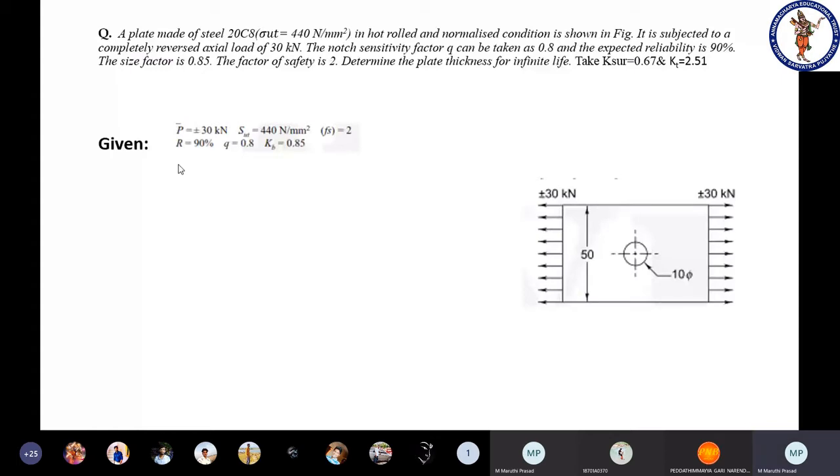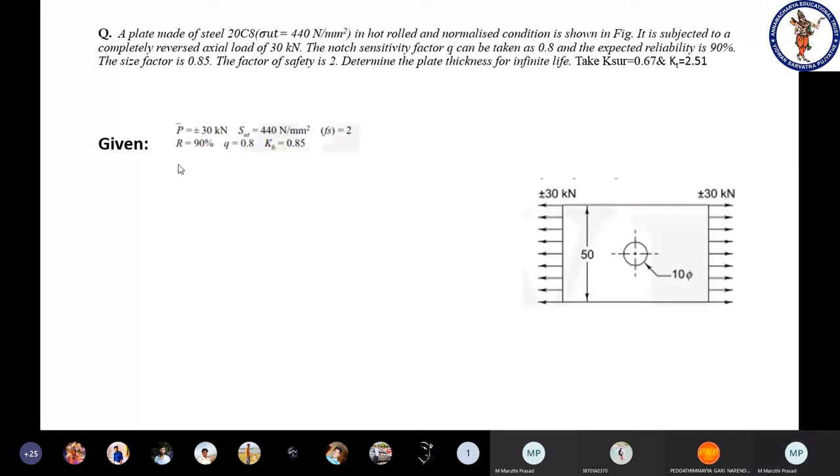The notch sensitivity factor can be taken as 0.8 and expected reliability is 90%. Size factor is 0.85.